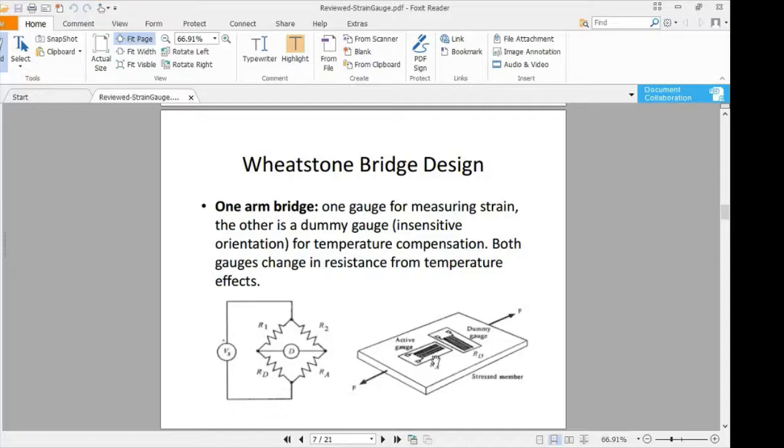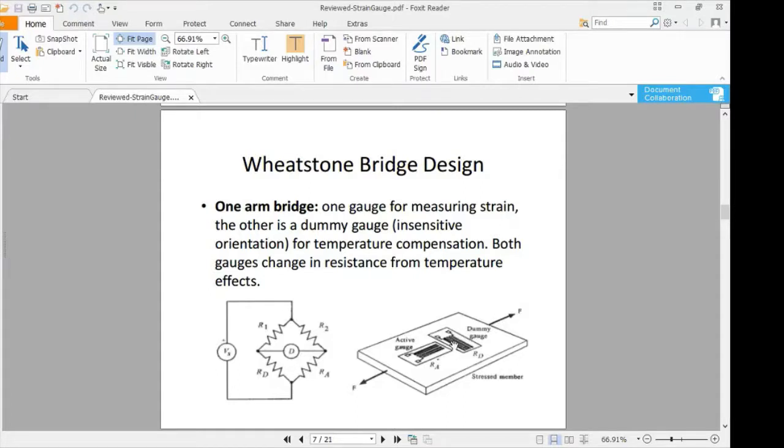The main use of this strain gauge is to measure the strain experienced when the force is applied in the sensitive direction. Another strain gauge is aligned in the insensitive direction, and this is what we normally call a dummy gauge. This gauge will not respond to the force or the strain applied in that direction.